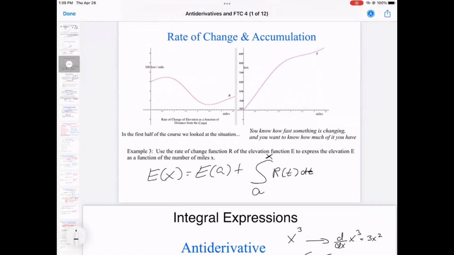X is the distance from the coast, right? As an initial distance plus how much it changed. So our journey is now how to calculate this integral in a systematic way, how to find antiderivatives.